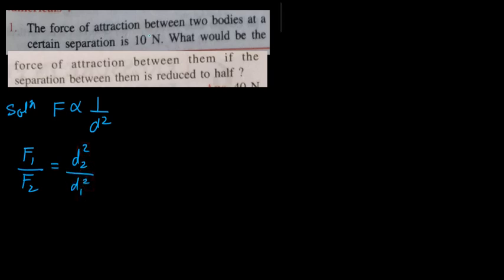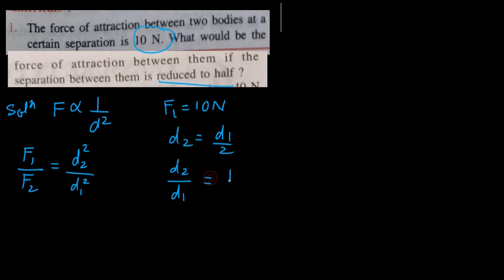Now here you can see that this is 10 Newton, so we can have F1 as 10 Newton, and the distance between them is reduced to half. So therefore d2 is half of d1. So we can say d2 upon d1 is equal to 1 by 2.